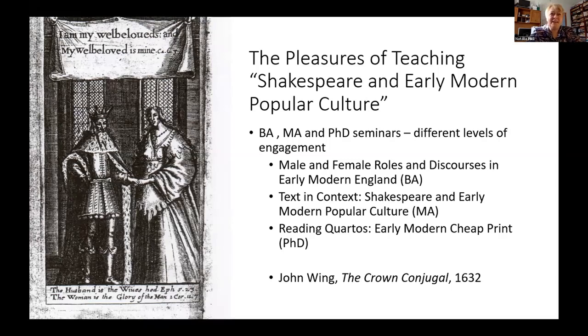We also talk about the popularity of several genres and several books, relying on the most cutting edge and up-to-date research by textual scholars like Andy Kesson and others. And we always go back to Shakespeare.